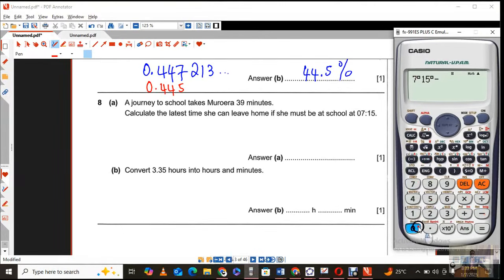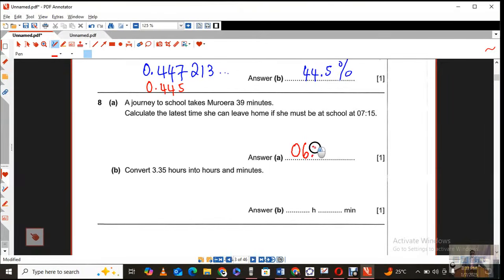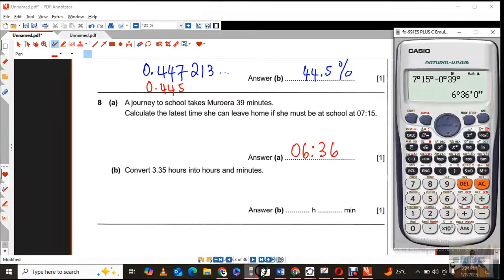Again, I'm going to subtract 39 minutes from it, so I'm going to have 0 hours and 39 minutes. Well, what does that give me? It gives me 6:36, so it means the person has to go at 06:36. That's obviously the time in the morning where the person has to leave. Okay, you can obviously do different types of calculations over there.